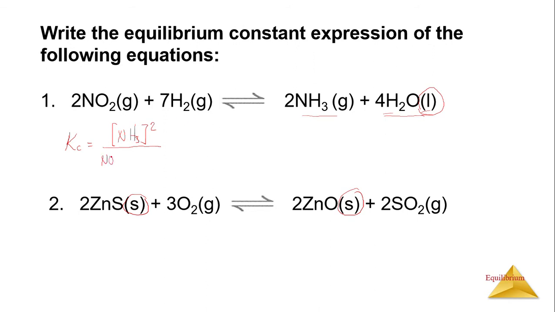So, NO2 bracket raised to the power of 2 kasi 2 yung stoichiometric coefficient natin, so squared, times H2 raised to the 7th power dahil sa coefficient natin na 7. Now, since mga gases yan, hindi yan in aqueous solution, pwede rin natin siyang express in Kp.